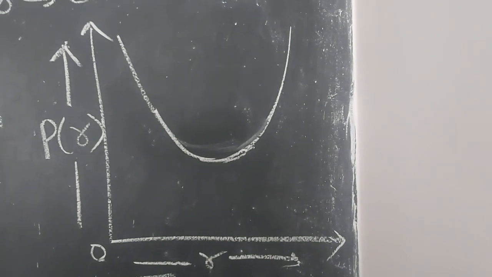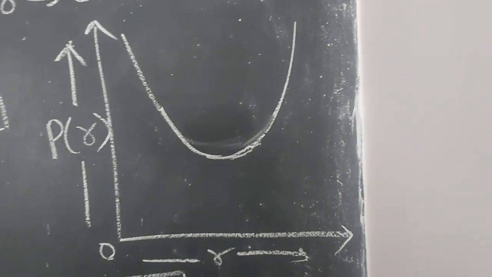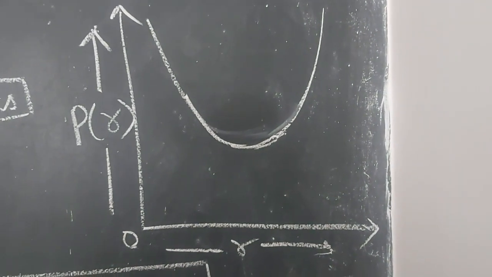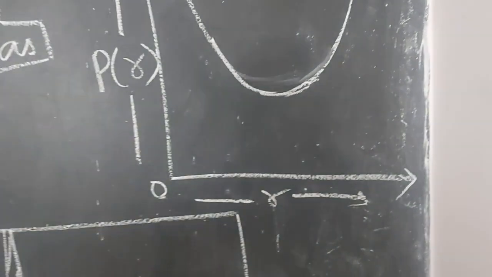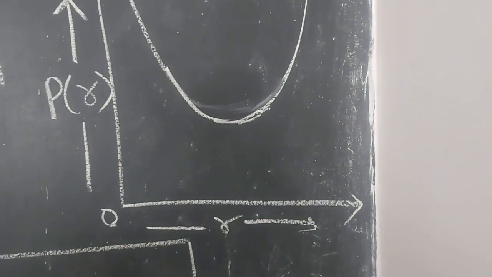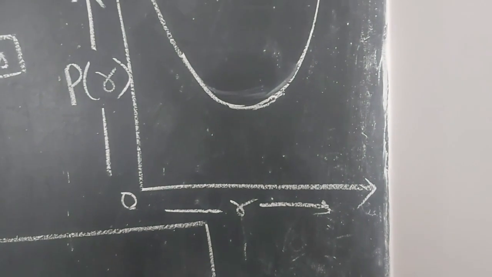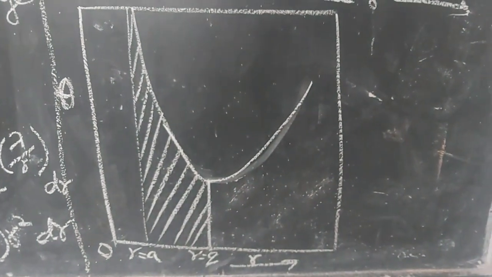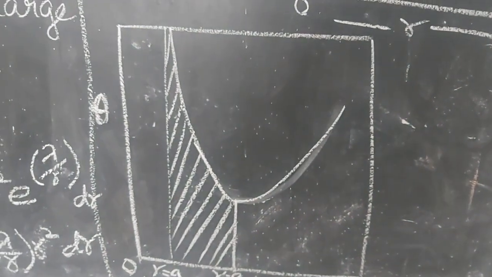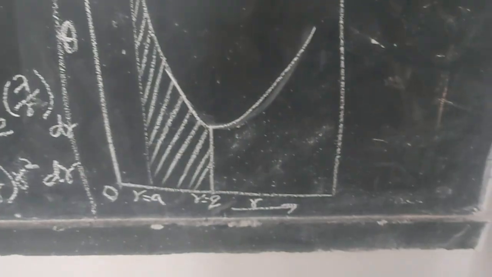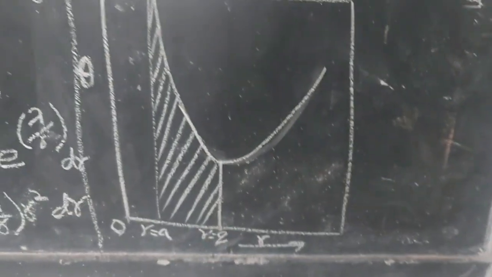Then if we plot a graph, we should know which is the critical point. The y-axis will be theta and the x-axis will be r only.